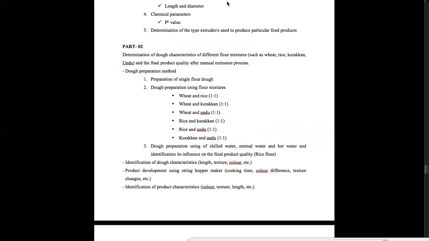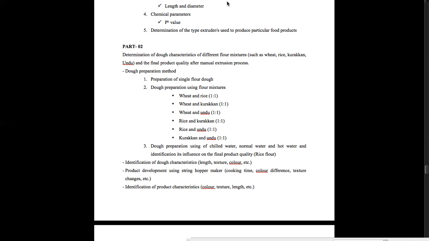You can collect these, convert them into flour, and then try to develop some extruded food products even using your domestic string hopper maker, right? So these are the things we are going to do.